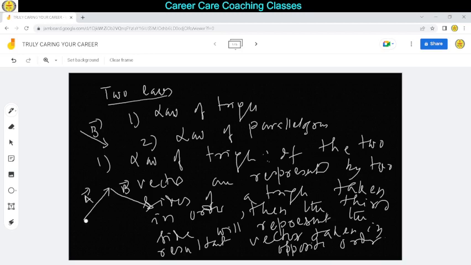Then if we join the tail of A to the head of B, it will represent the resultant R. So A plus B becomes the vector R.